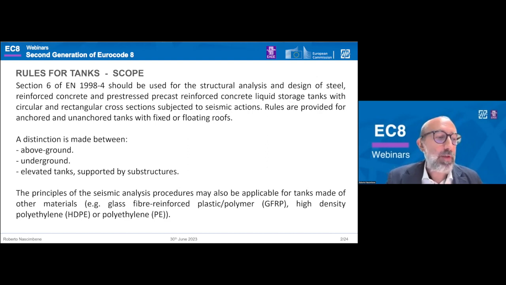When I say constraints, I mean that the document is applicable to the seismic design of on-ground, elevated, and underground tanks, embedded tanks. On-ground is further subdivided into anchored tank and unanchored tank. That means not anchored.